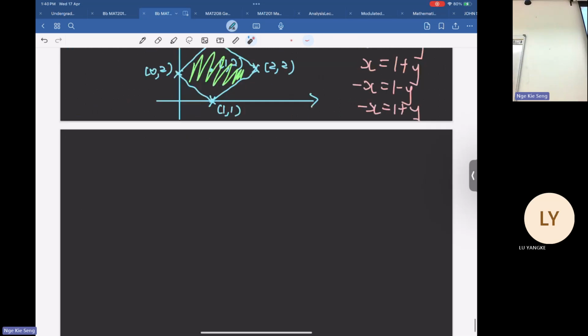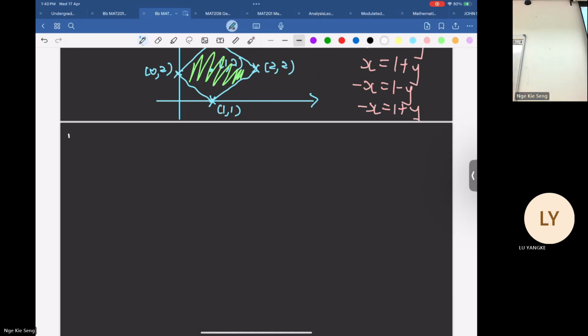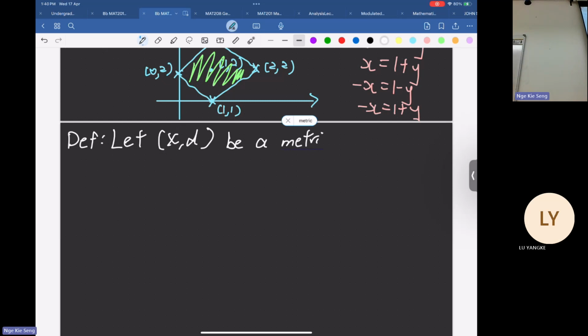So next we'll define neighborhood. What do we call a neighborhood? Who do you regard as your neighbor? So start with a metric space again. We want to measure distance.